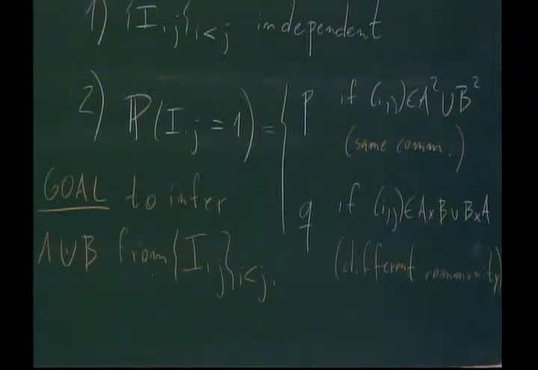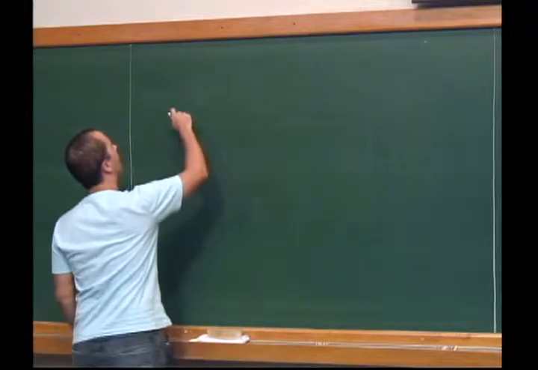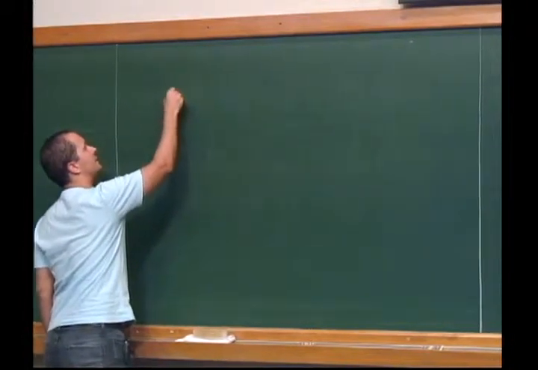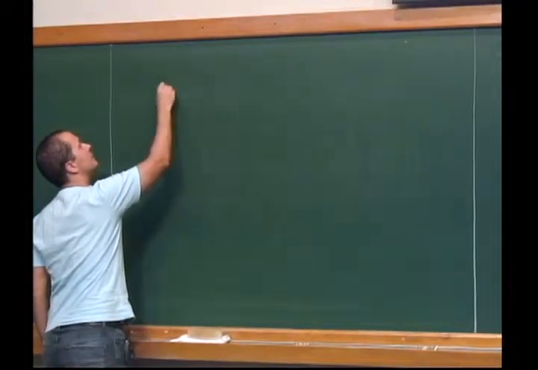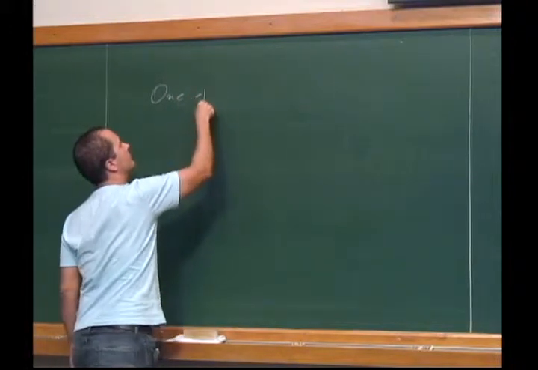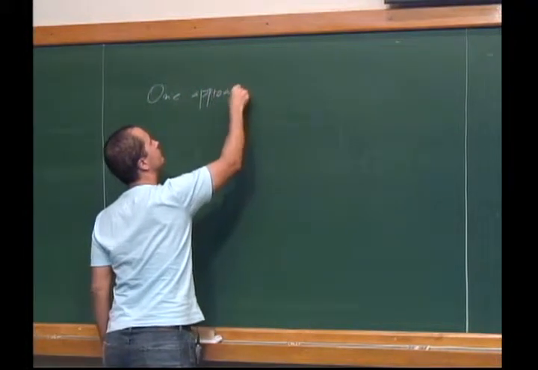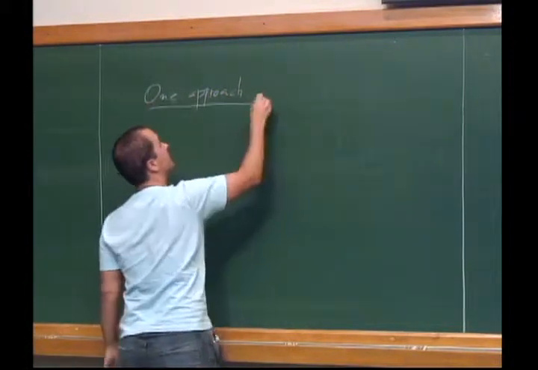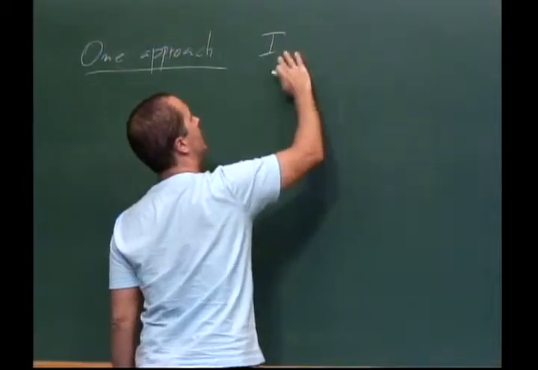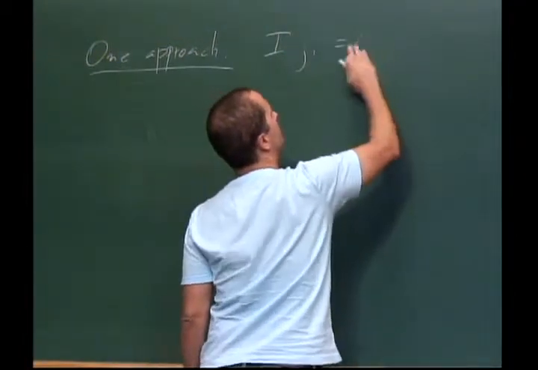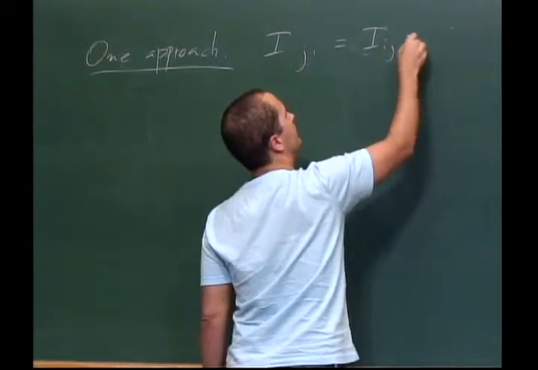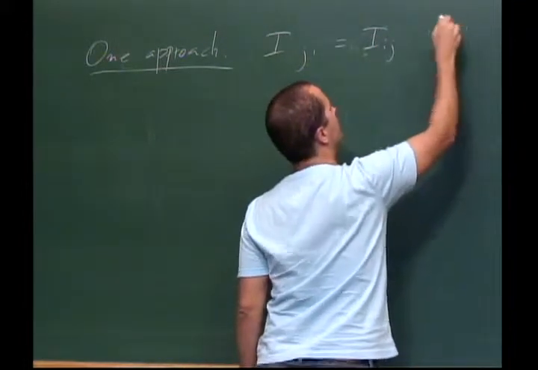And maybe that'll also help us understand the model a little bit better. Let's say that I define, so okay, one approach to this problem is we set the variable for ji equal to the one for ij if j is greater than i.